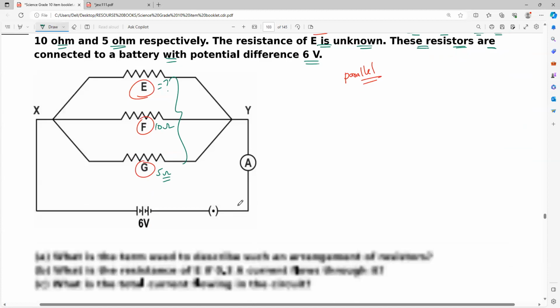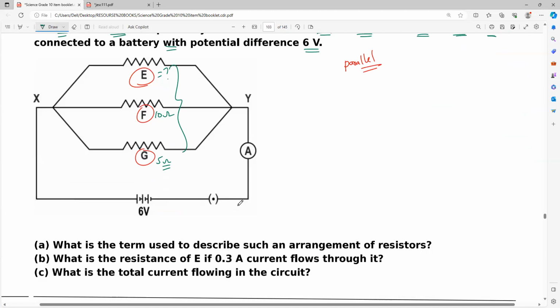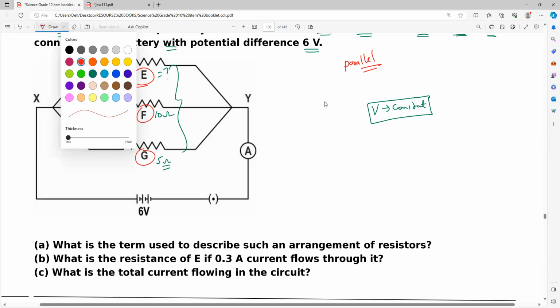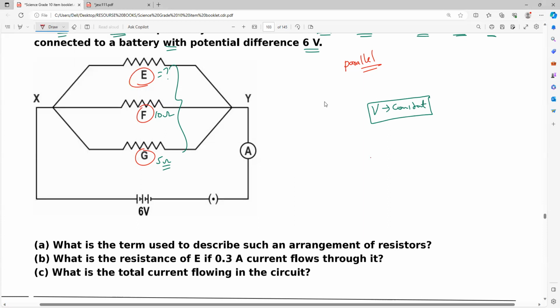In potential difference, what can anybody tell? Potential difference in a parallel connection always remains what? V across every resistor remains constant. Now, all of you observe very carefully.